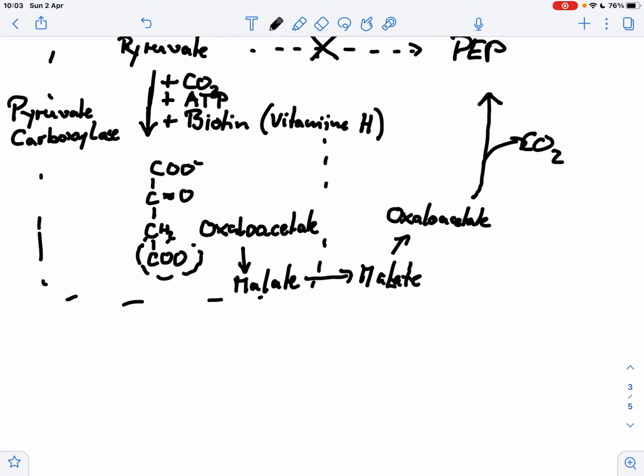We need, however, GTP. That's important. GTP, not ATP. And this is carried out by the enzyme PEP, phosphoenol pyruvate carboxykinase.